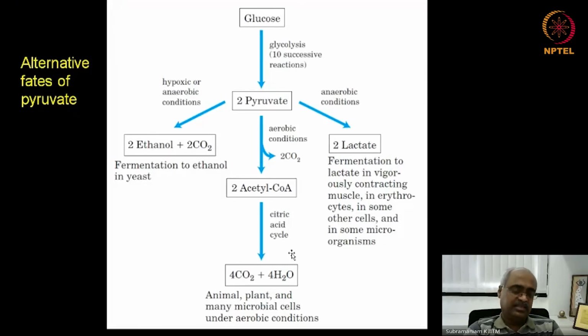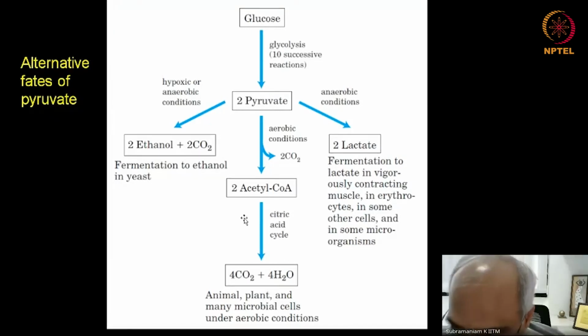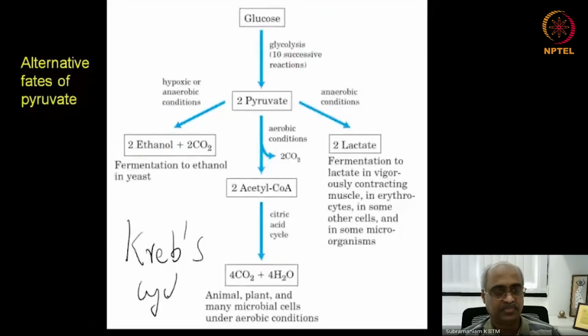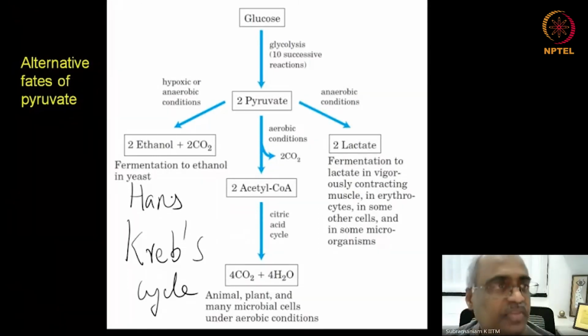Citric acid has 3 carboxyl groups, and therefore it is also called the tricarboxylic acid cycle, or, in honor of the scientist who discovered this pathway, the Krebs cycle. Hans Krebs is the scientist who discovered this pathway.